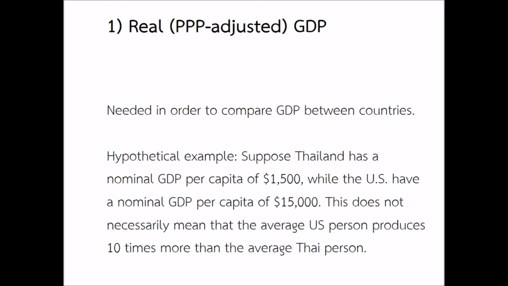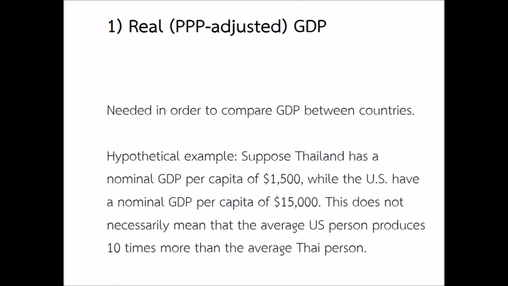Suppose Thailand has a nominal GDP per capita of $1,500, while the US has a nominal GDP per capita of $15,000. This does not necessarily mean that the average US person produces 10 times more than the average Thai person.